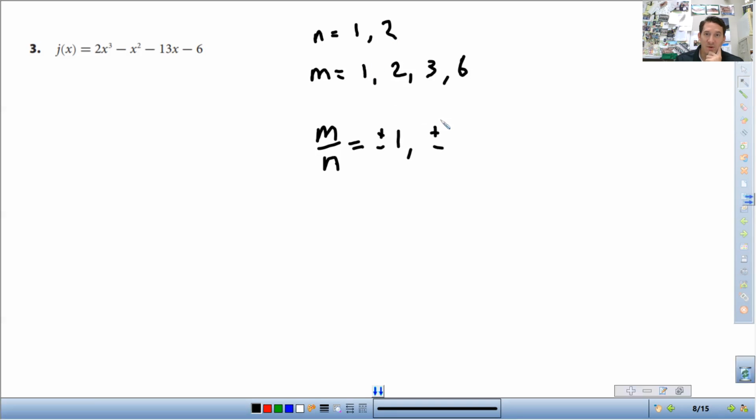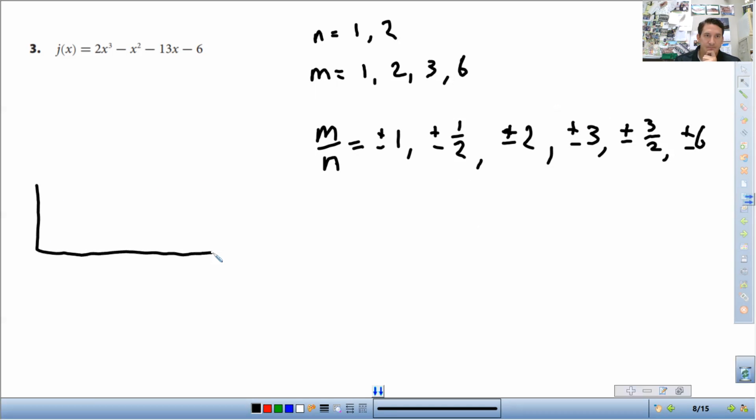Plus or minus 1 over 2. Then plus or minus 2 over 1, which is 2. Plus or minus 2 over 2, which is 1. We already have that. So plus or minus 3 over 1. Plus or minus 3 over 2. And then plus or minus 6 over 1. And then plus or minus 6 over 2, which is 3. We already have that. So you just go through, list them all out, and now we test them.